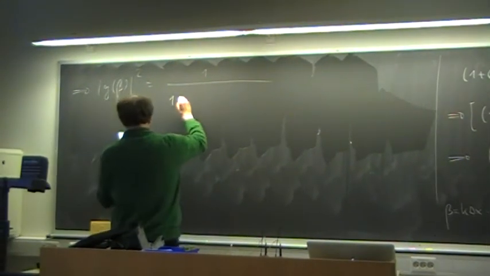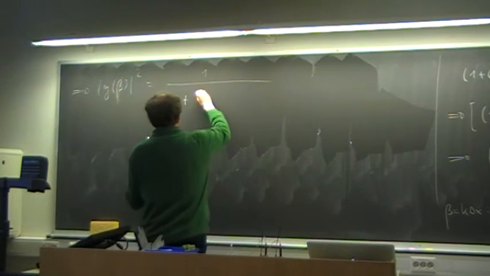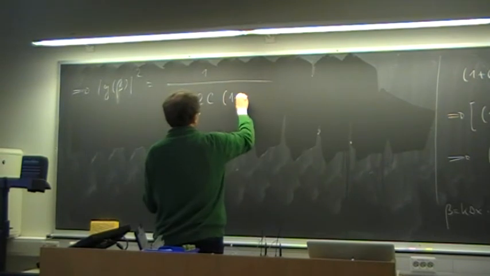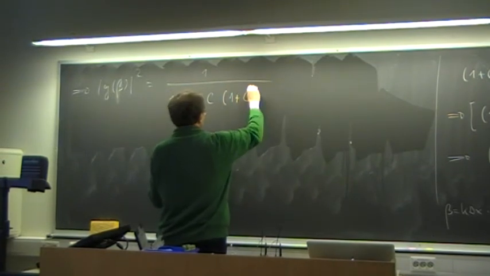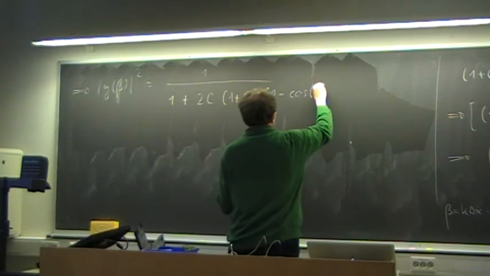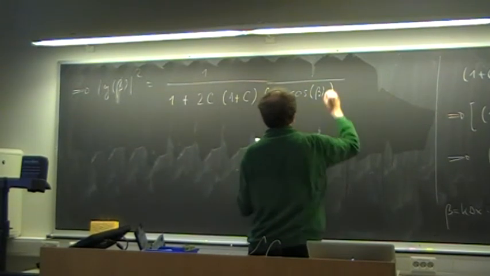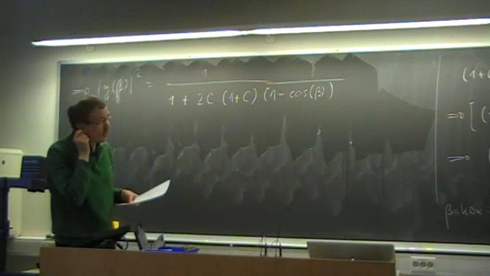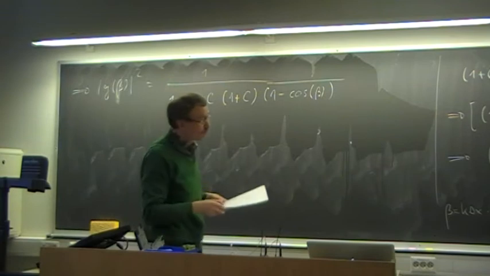So we get a 1 plus the 2c(1 minus cosine) that we have. We get the 1 plus c in addition, 1 minus cosine beta. So that is what we get from that.